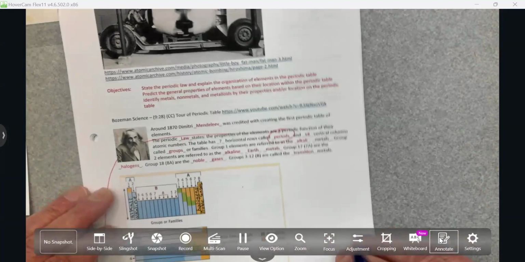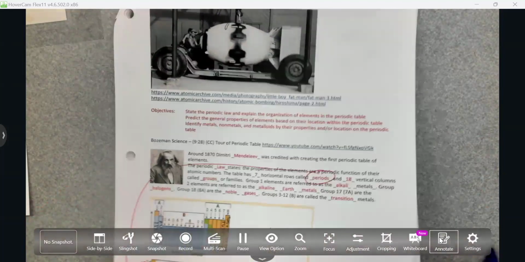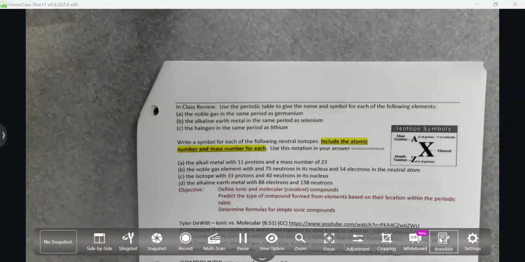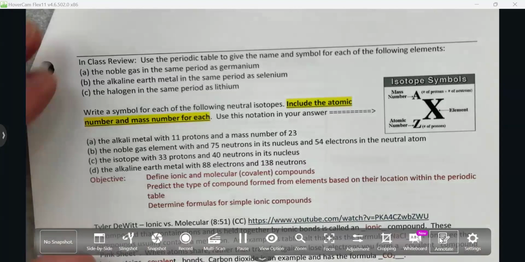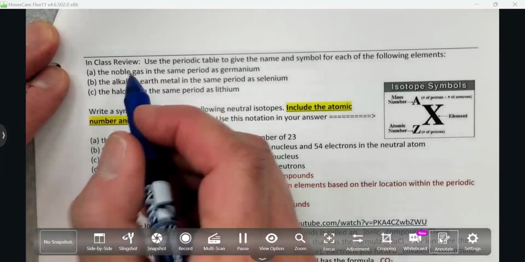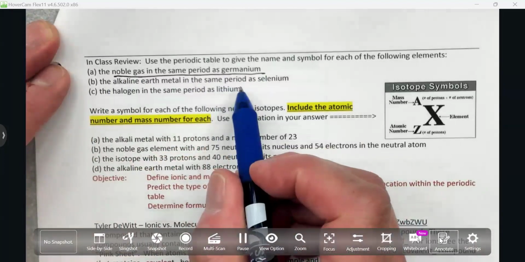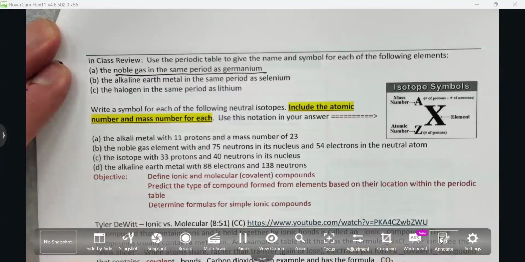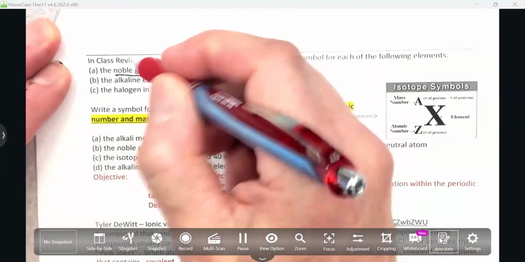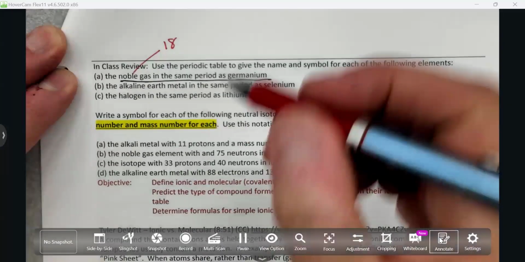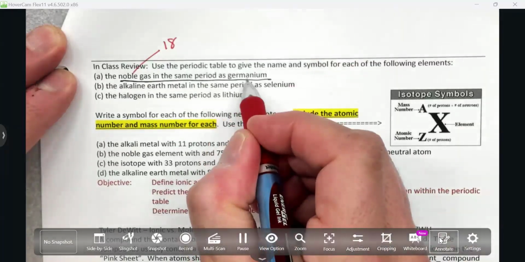Okay, let's see the next page. So you're going to get some questions like this, perhaps. Noble gas, same period as germanium. Noble gas, what group do you have to be in? Group 18, yes? Noble gases have to be in group 18, same period as germanium.